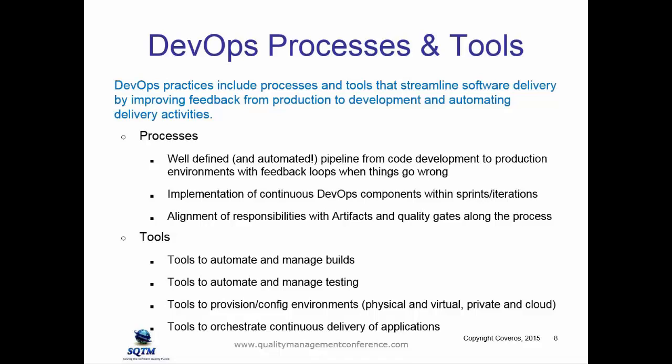And then last but not least, there are tools to do what we call orchestration, which is really pushing code and the applications built from code down through the process and making sure that every step of the way we're setting up the right environments and we're putting the right code and applications on those environments and we're using the right testing capabilities to make sure that our code works.